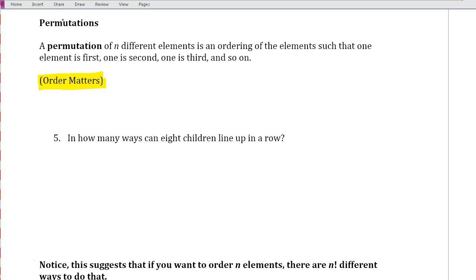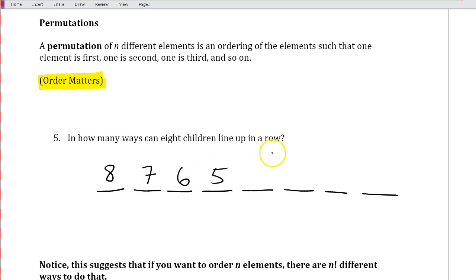Like example 5 here, in how many ways can 8 children line up in a row? So we've got 8 spots that we need to line children up in. For the first spot, we have 8 choices of children. For the second spot, now we've used 1, there are 7 left, 6 for the third, 5 for the fourth, 3 for the sixth, 2 for the seventh, and the last person gets the last spot.